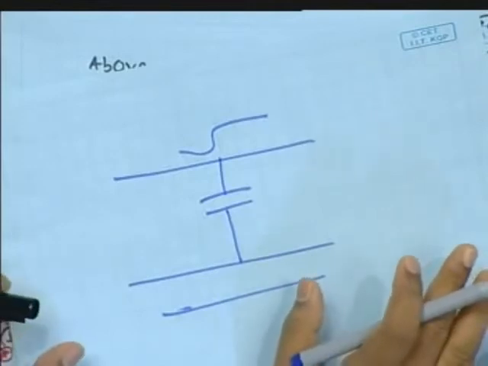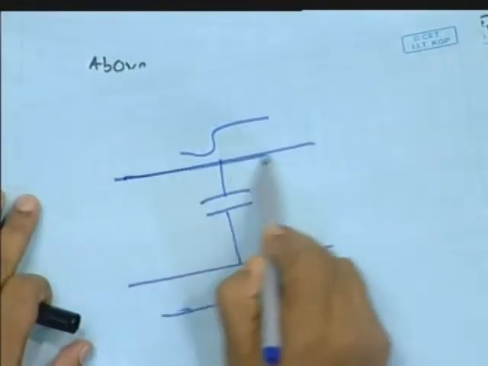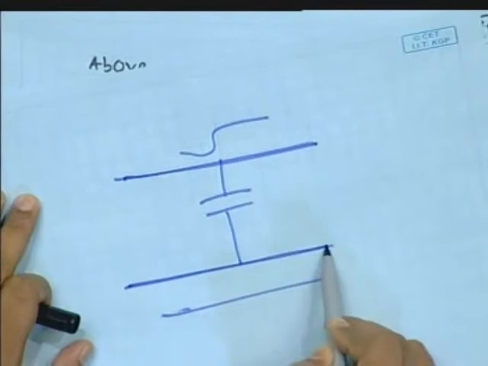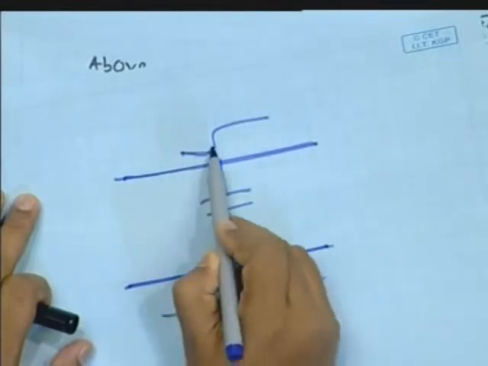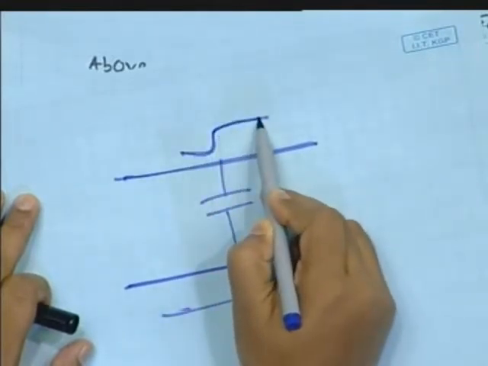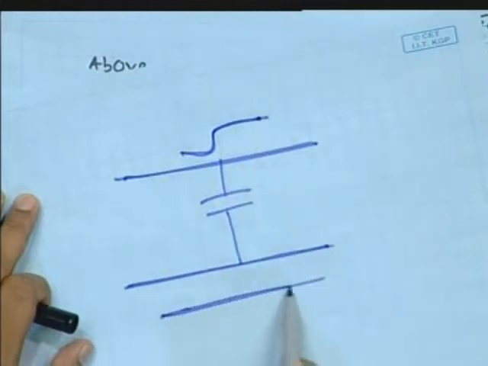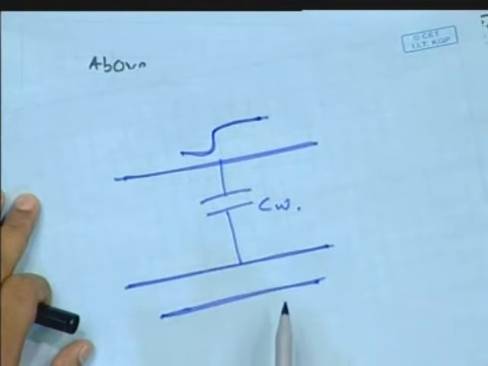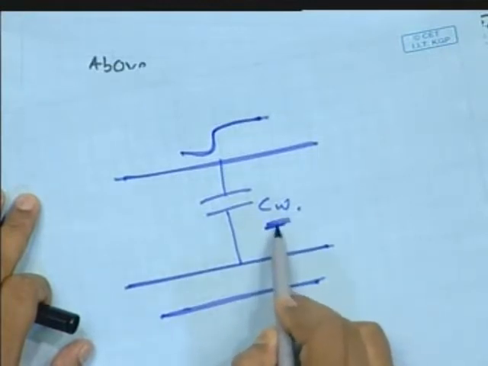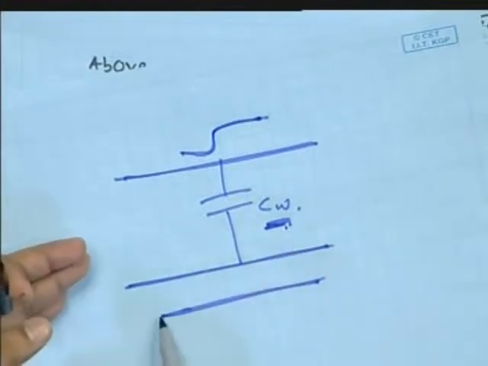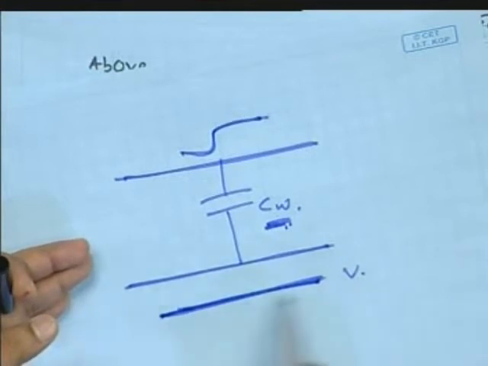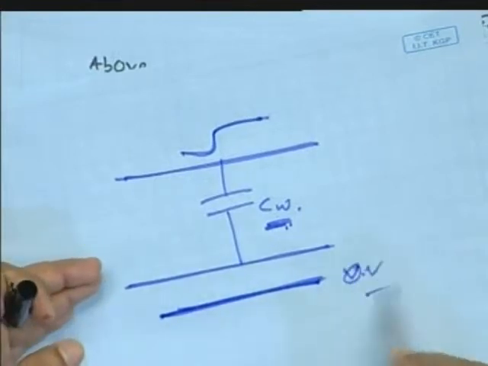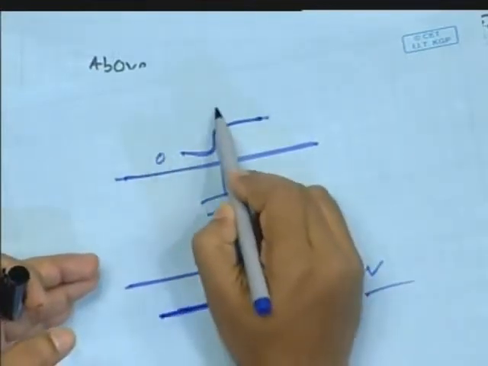What I am trying to say is, this is a wire running, this is another parallel wire running, and there is a sudden voltage change here. How do you expect this one to behave? Depending on the capacitance value, of course, it will depend. This is a static voltage, 0 volt, and this is changing from 0 to 5 volt.